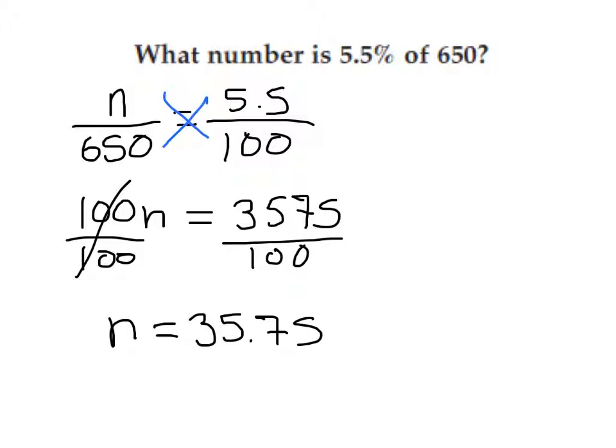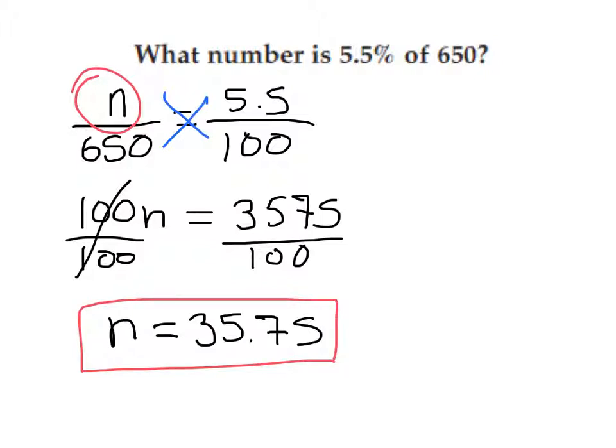We are not looking for the percent, as you can see here. We're looking for the part. So there's no need to put a percent sign. So our answer right now is n is equal to 35.75. And the directions don't ask for any rounding, so I'm going to leave it the way it is.